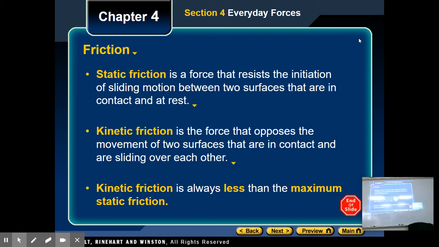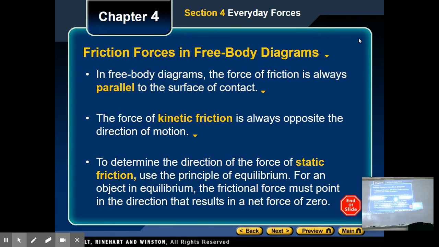How much effort or force did it take you to get that thing moving? Quite a bit. But compared to once you got it rolling, did it take quite as much to keep it rolling? No. Because we overcame that static friction between the tires and the ground and were able to use less force to keep it moving.